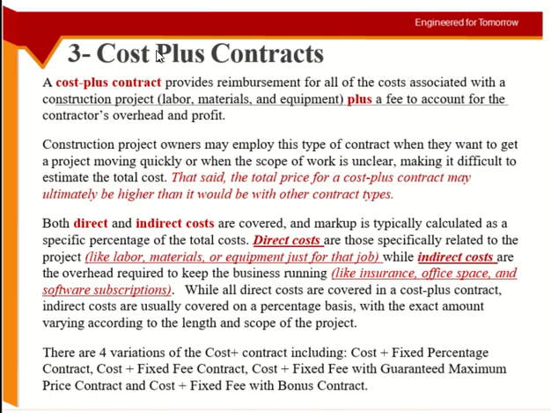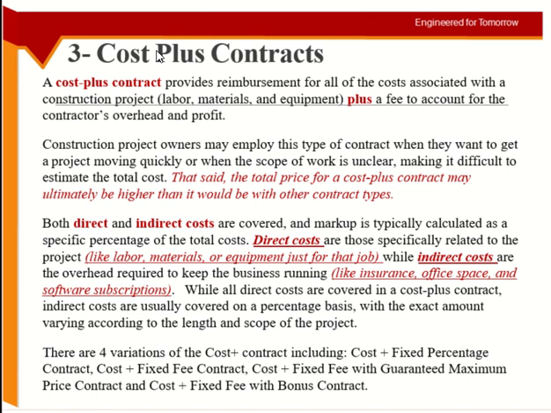Okay. What else? Yeah. So the profit can be a percentage of the total cost. It can be an exact amount. And it can vary according to the length and the scope of work. So the profit can be quoted as a percentage of the total cost. So whatever the total cost of the project is, my profit will be 2%, 3%.